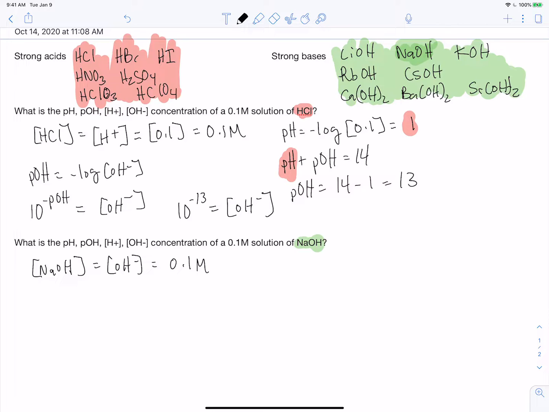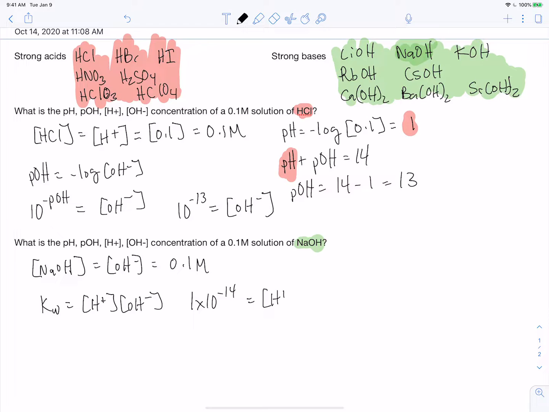We can go about it a different way, because there are multiple ways to solve this. Instead of going directly to the pOH and taking that to go to the pH, we could say, well, we know that Kw is equal to H plus times OH minus. And we just plug in values here. So we know that Kw is equal to 1 times 10 to the minus 14th.